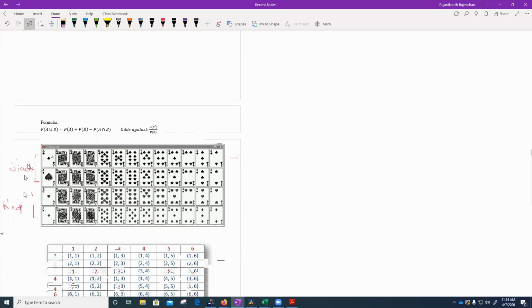So this is clubs. This is spades, and this is hearts. And the last one is diamond, right? So the first two are black.